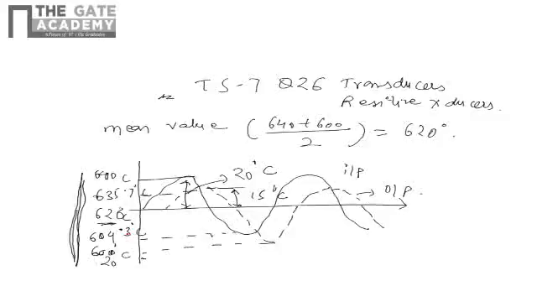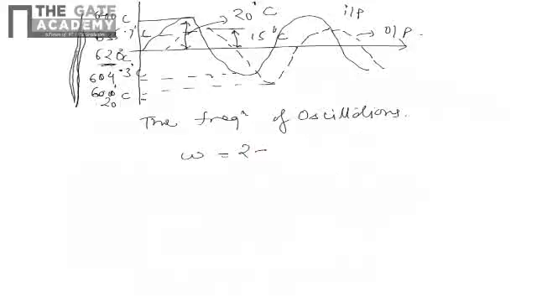So you have this. So the frequency of oscillations we will calculate. The frequency of oscillations, it will be omega equals 2 pi f. So 2 pi by 80.